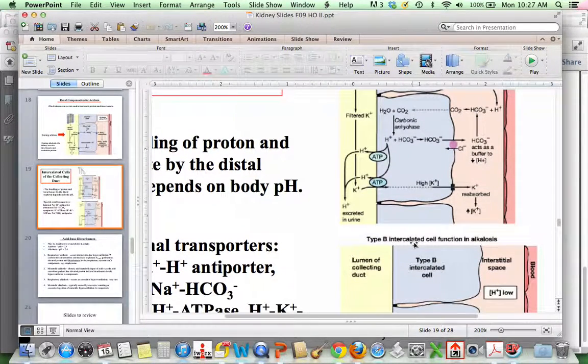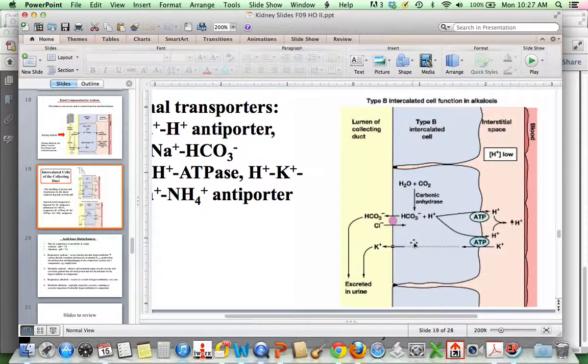The other thing that we did is we talked about type B cells. In type B cells, bicarbonate is permitted to flow out into the lumen of the collecting duct, and it's an antiporter that we're using to help release the bicarbonate from the interior of the cell and out into the lumen of the nephron.